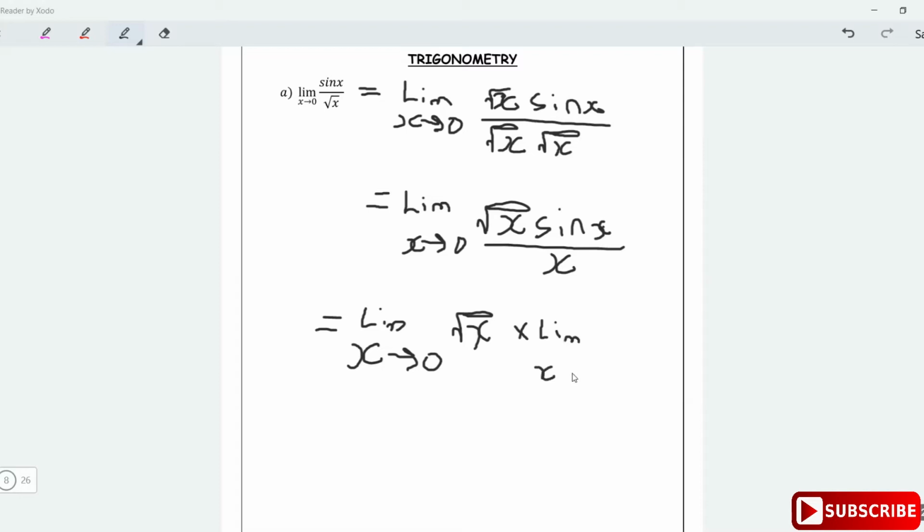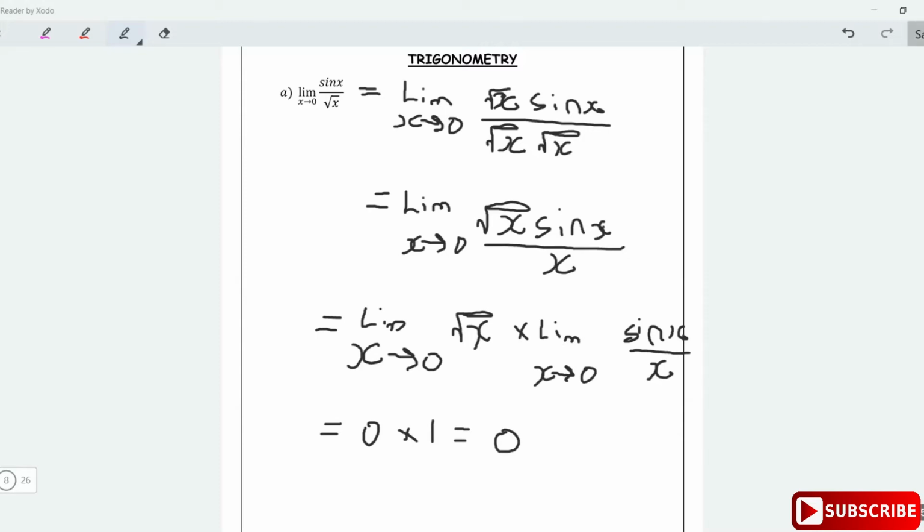That's why we had to multiply by root x over root x. When you plug in x as 0, you get 0 here, multiplied by sine x over x, which when x approaches 0 is 1, but 0 times 1 is 0.